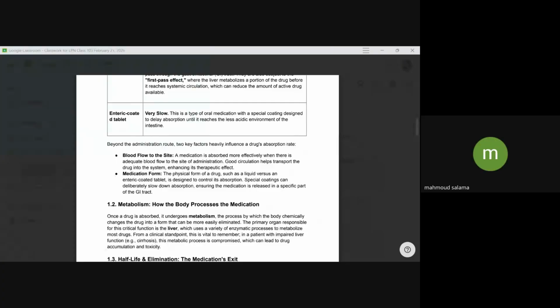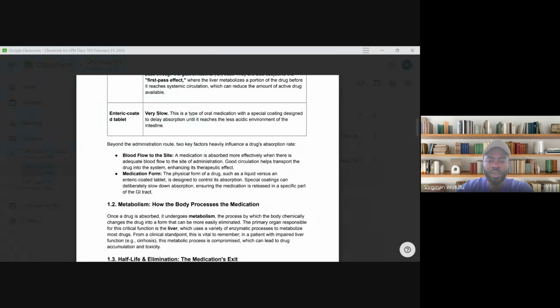Yes, yes, okay. So beyond the administration route, there are two factors that influence drug absorption: blood flow to the site and the medication form. A site that's highly vascularized will promote fast absorption and transportation to its intended site, so the effects of medication there are felt almost immediately, right?